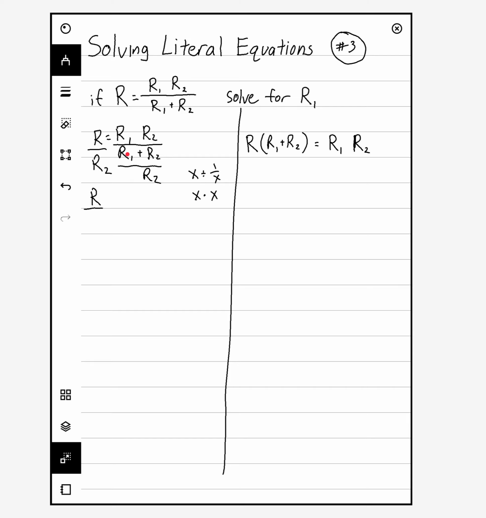So if I'm going to be dividing by this over that, we can take it out and flip it. So we're going to keep this part, r1, r2, they're stuck together. But then we said we divided that by r1 plus r2 over r2. So if we rewrite that as a multiply, and we flip it, we'll get this. r2 over r1 plus r2.